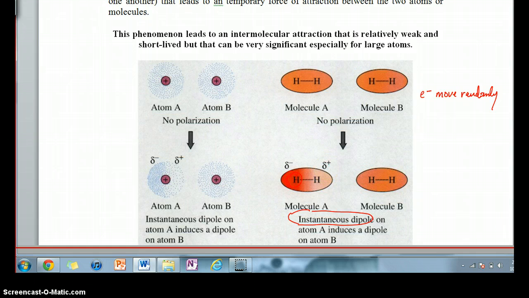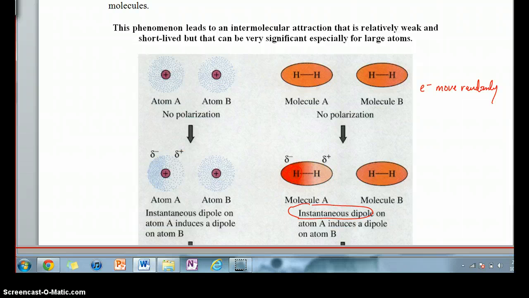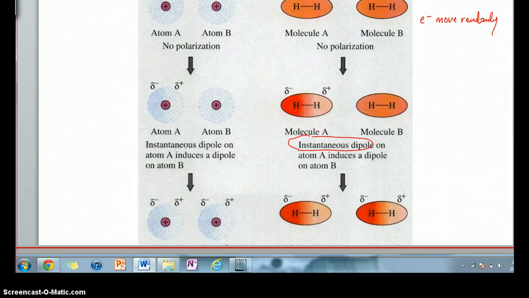so it creates a temporary dipole moment. In turn, because you've got another hydrogen molecule nearby, if you've got something positive on this end, the electrons are going to be attracted to this end of the other hydrogen molecule. And so it's going to induce a dipole in the other hydrogen molecule, okay?